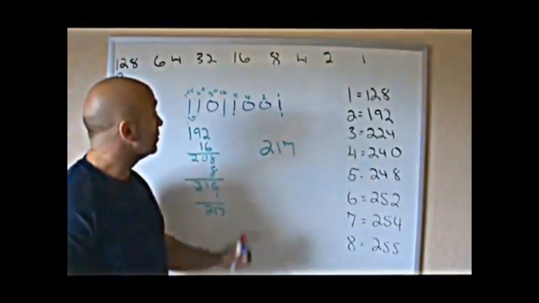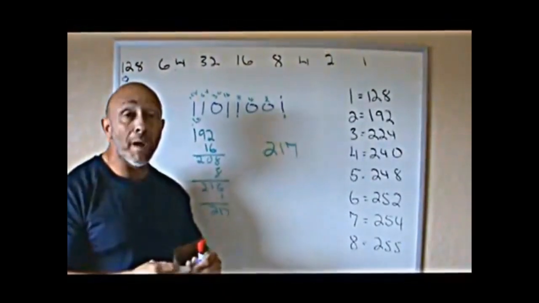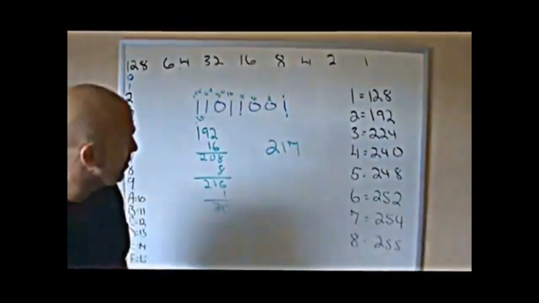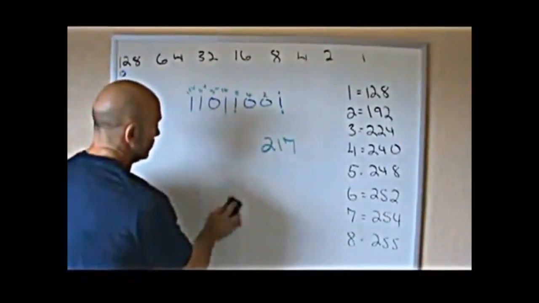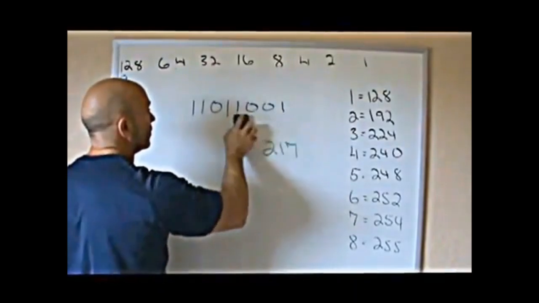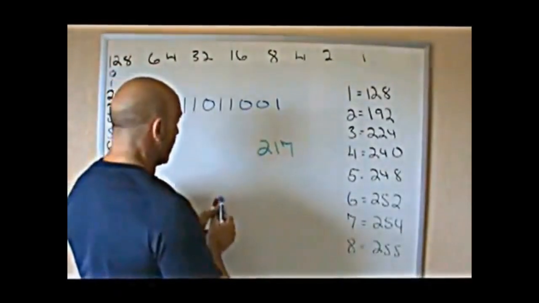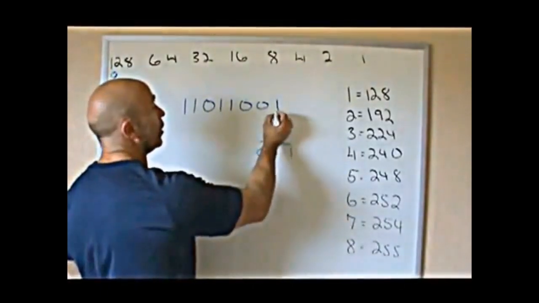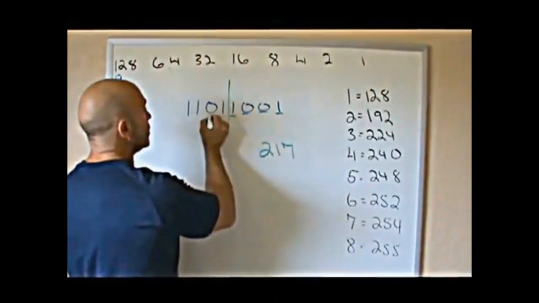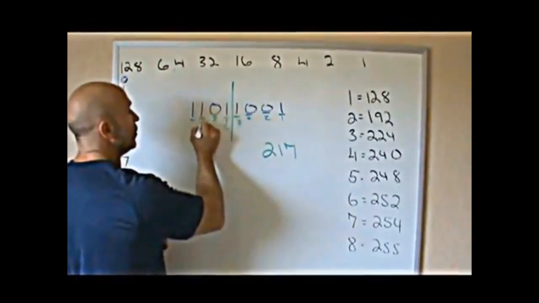All you gotta do is just add the bit values. That's it. Now, you want to find out the hex? Same principle that we did before. We'll separate this into chunks of 4. 1, 2, 4, 8. 1, 2, 4, 8.